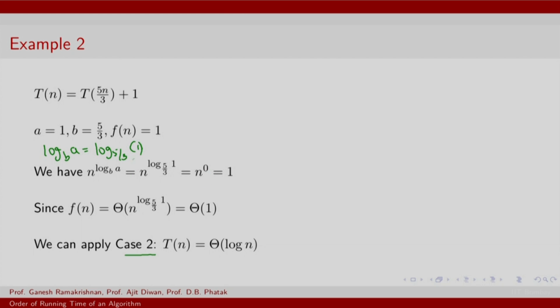Now you can again find out f(n), and f(n) turns out to be theta of 1. This can be shown to be theta constant 1, in which case you can apply the second case, T(n) is theta log n. So remember we have this additional log n component, and we will have the n raised to log to the base b of a, which turns out to be just theta 1.